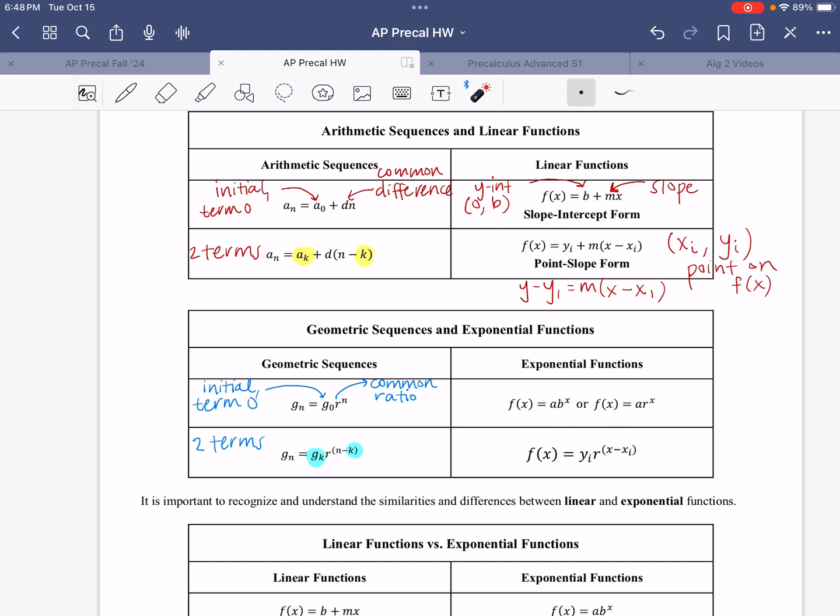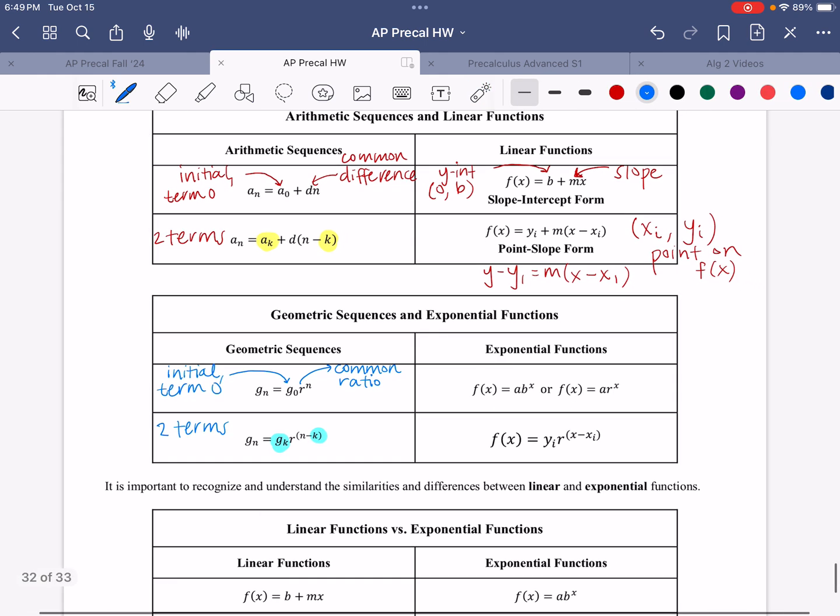The way this relates to our exponential functions, you'll see to the right, you're familiar with y equals a times b to the x power. Here a is our y-intercept, so (0, a), and b is our rate.